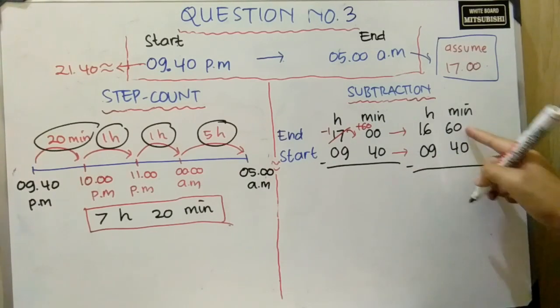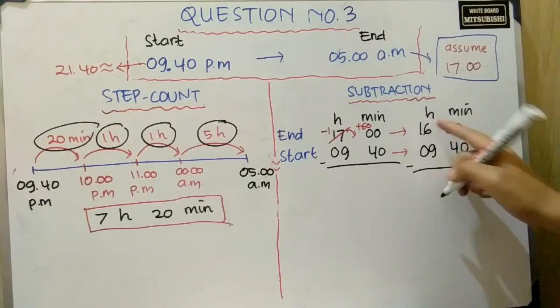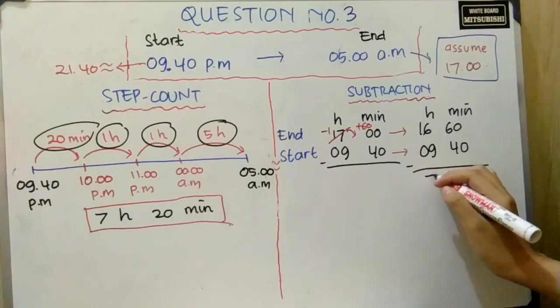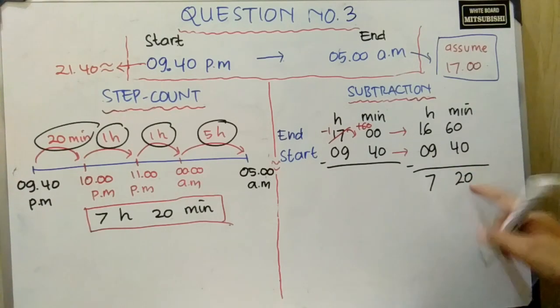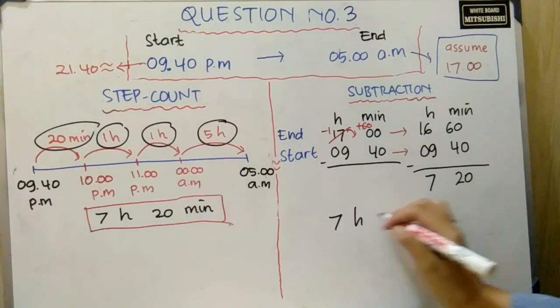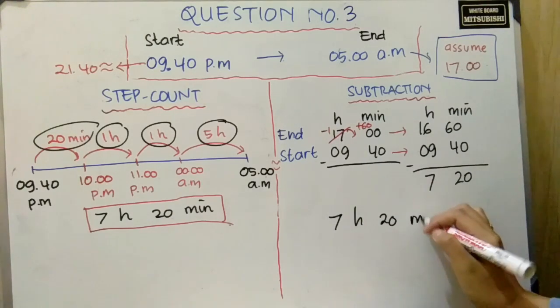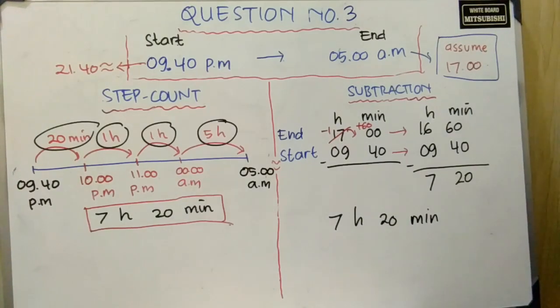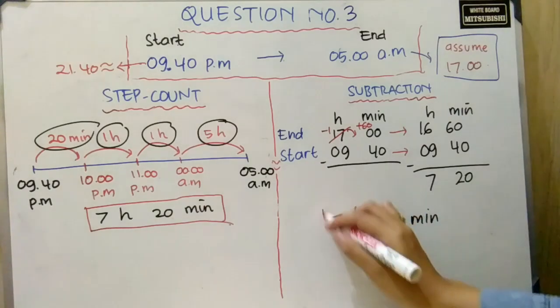So we subtract 60 minus 40 is 20 and 16 minus 9 is 7. So we have 7 hours 20 minutes. It means Arya slept for 7 hours 20 minutes.